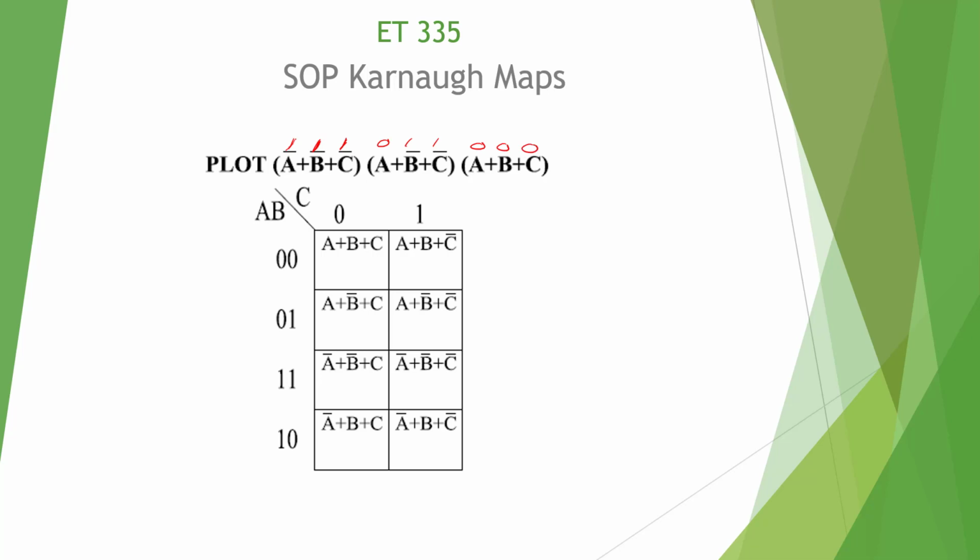So let's plot it. So we have 1, 1, 1, so we're going to get a 0, 0, 1, 1, we're going to get a 0, and 0, 0, 0, we're going to get a 0. Okay, let's go to the next step.